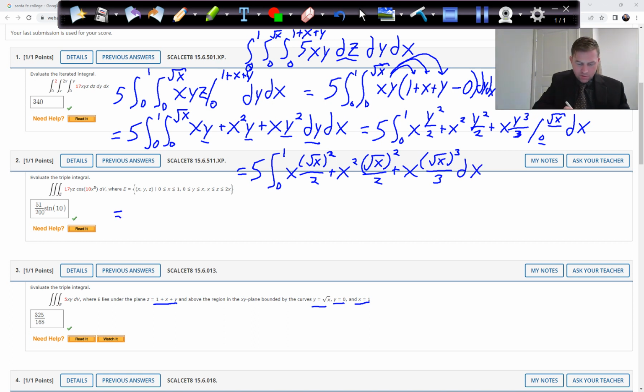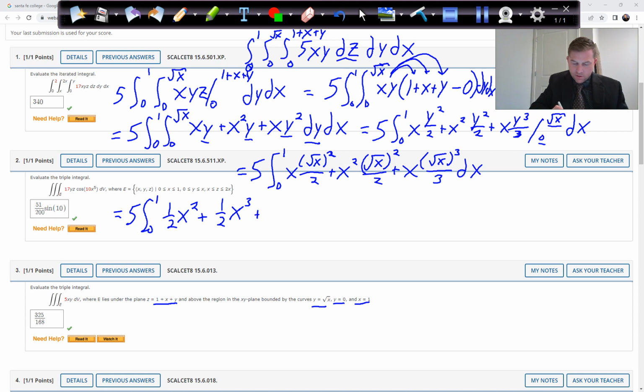Okay, so this is going to be 5, 0 to 1. These square root x squareds are going to be x, but there's an x there, so this is going to be 1/2 x squared. And then this one's going to be 1/2 x cubed, because we have an x squared here, and then we have the square root of x squared, which is x, so we have 3 x's.